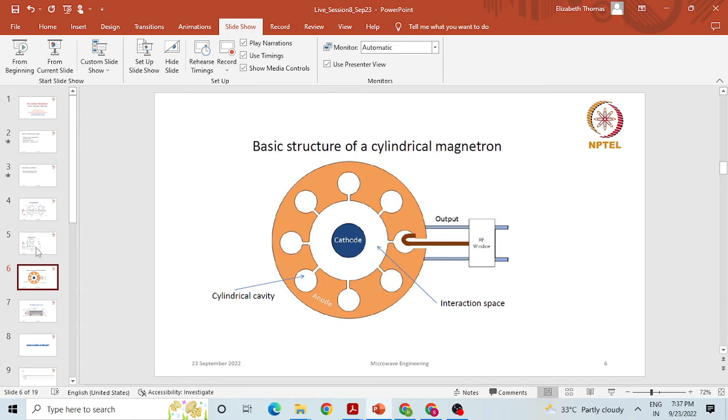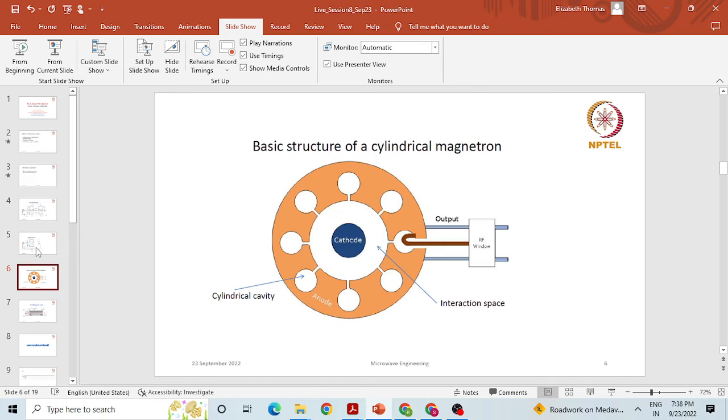The basic structure of a cylindrical magnetron is like this: in the center you have a cylindrical cathode, surrounded by anodes which are cylindrical cavities again. These anodes are radially placed. So in between the anode and cathode you have the cylindrical cavities. That is the structure of a cylindrical magnetron.